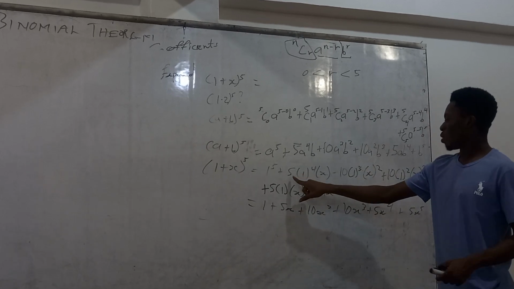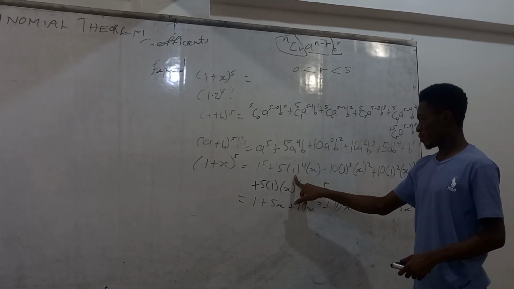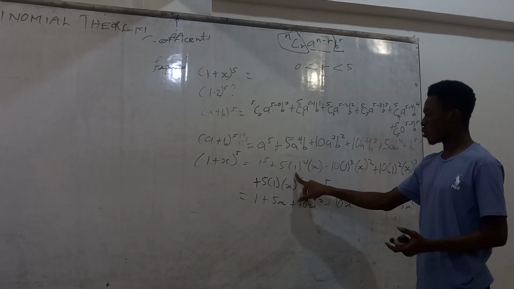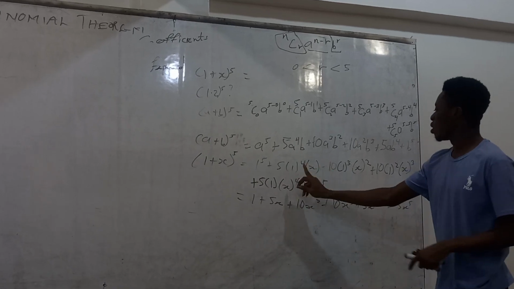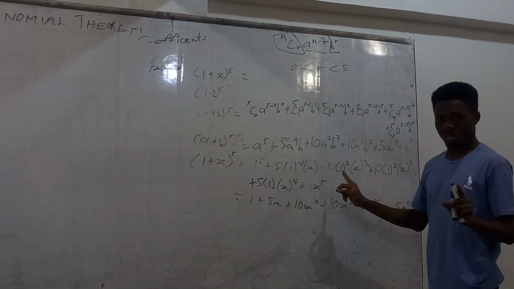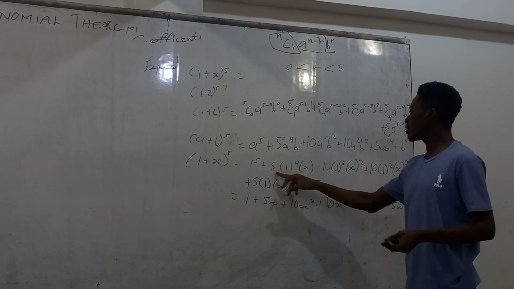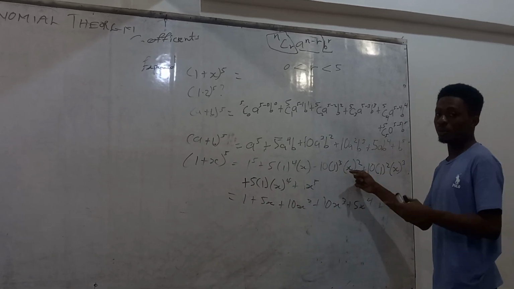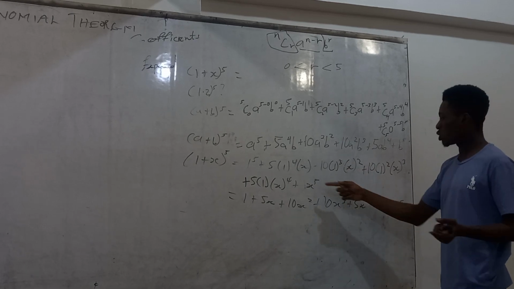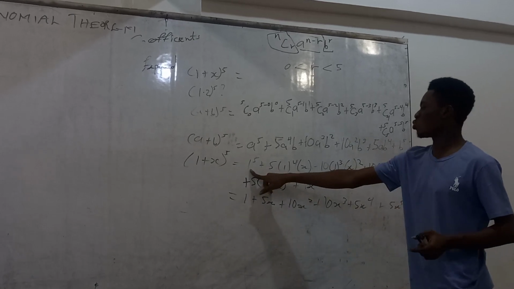1 to the power any number is 1; that one you should know. Regardless of what 1 is raised to, the answer is still 1. That's why I just multiply through. So here is 1.